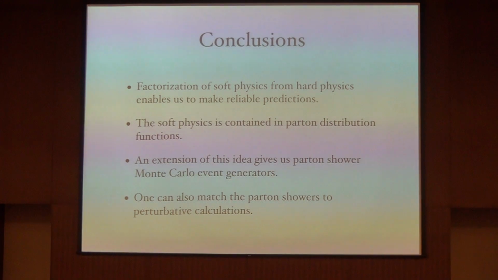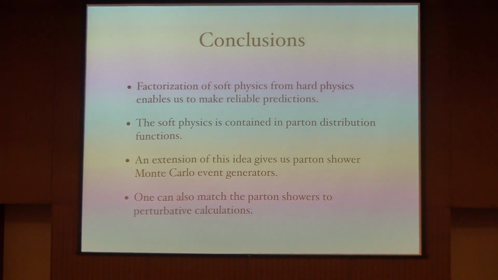So, what have we learned? Factorization of soft physics from hard physics enables us to make reliable predictions for experiment. The soft physics is contained in Parton distribution functions. That's at the simplest level, where we're not using Parton shower Monte-Carlos. Or you can extend that idea to use Parton shower Monte-Carlos.